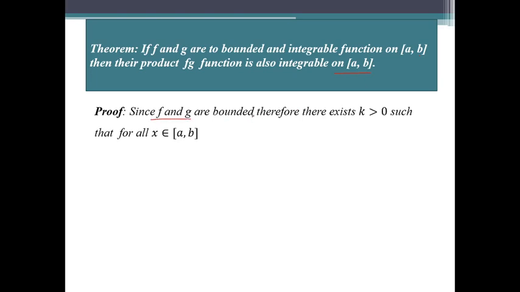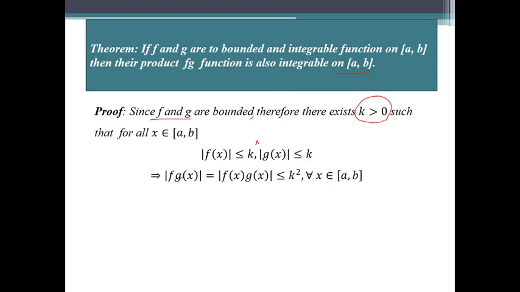So in this theorem we are given that f and g both are bounded. That means there exists a real number k greater than 0 such that for all x in the closed interval [a, b], mod f(x) is less than or equal to k, and similarly mod g(x) is less than or equal to k.